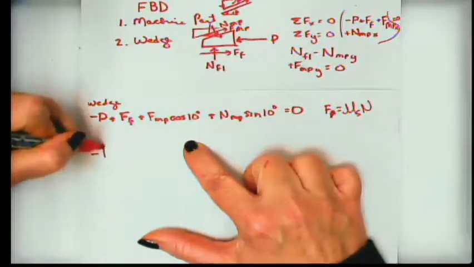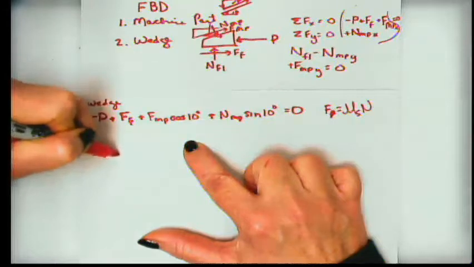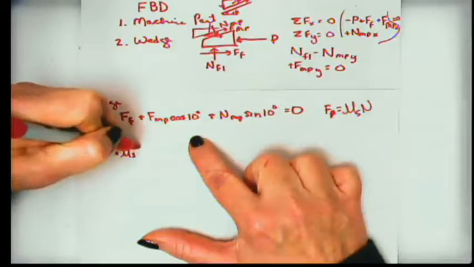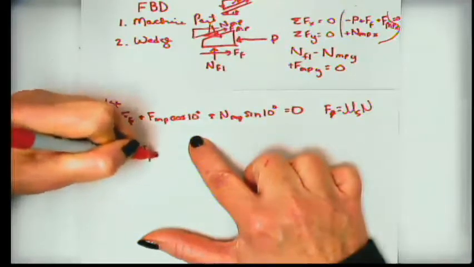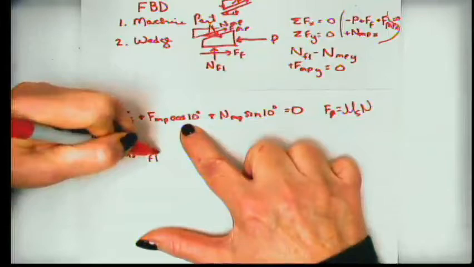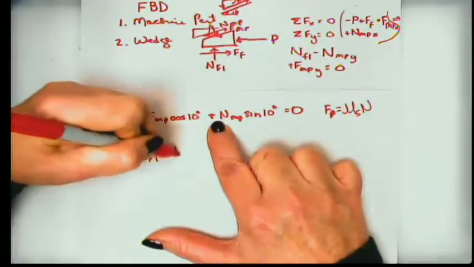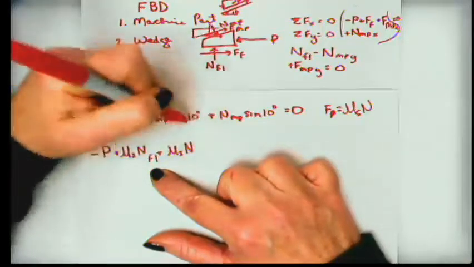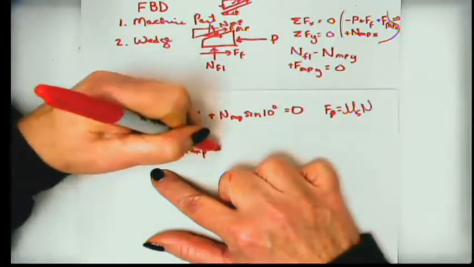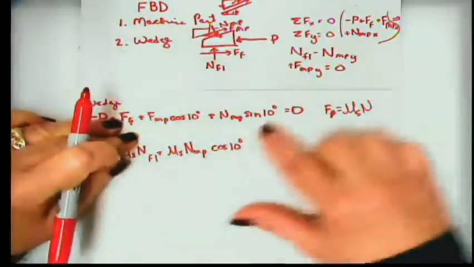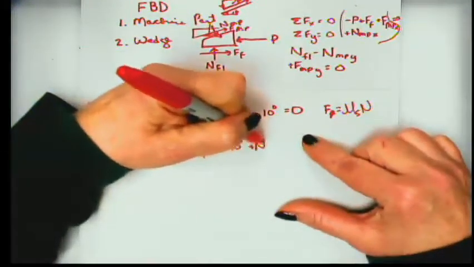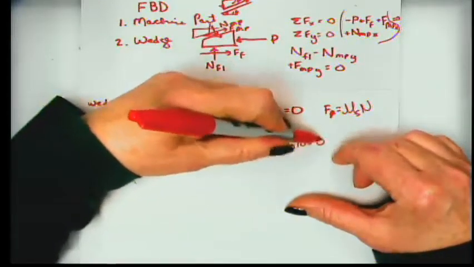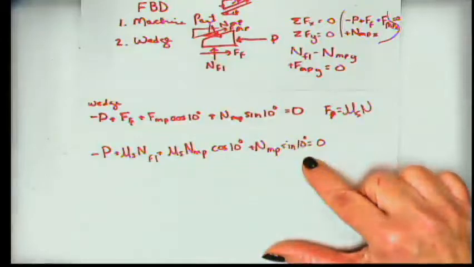So for the wedge then, to finish this off, we get negative P plus mu s, which is 0.2, times the normal force from the floor, plus mu s times the normal force from the machine part times the cosine of 10 degrees, plus the normal force from the machine part times the sine of 10 degrees. And all those things added together equals 0.